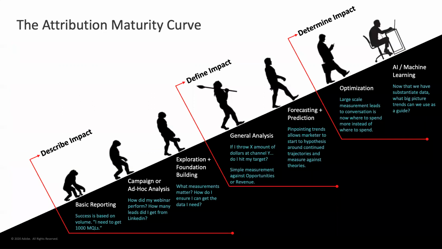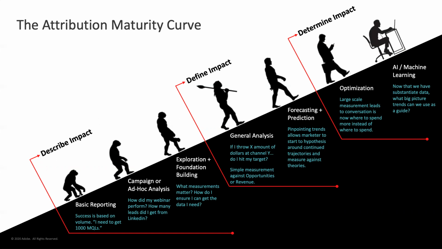So attribution and calculating for ROI is really a journey. A lot of people start out simply by describing impact. We're looking at basic reporting, specific single campaign reporting, sort of level setting on how we measure, what we measure, what does that data mean, and what does it impact. When you're able to move from describing impact to defining impact, this is around the time that you start to get more into actual ROI.